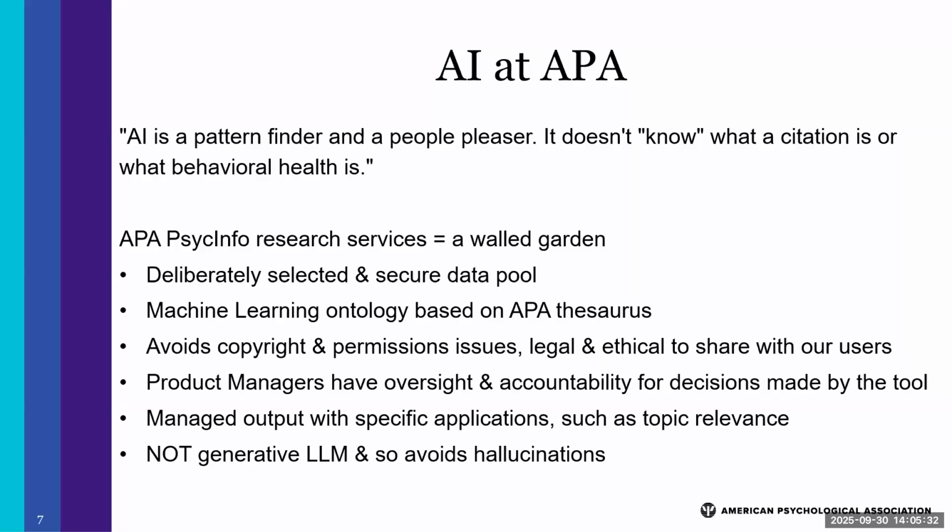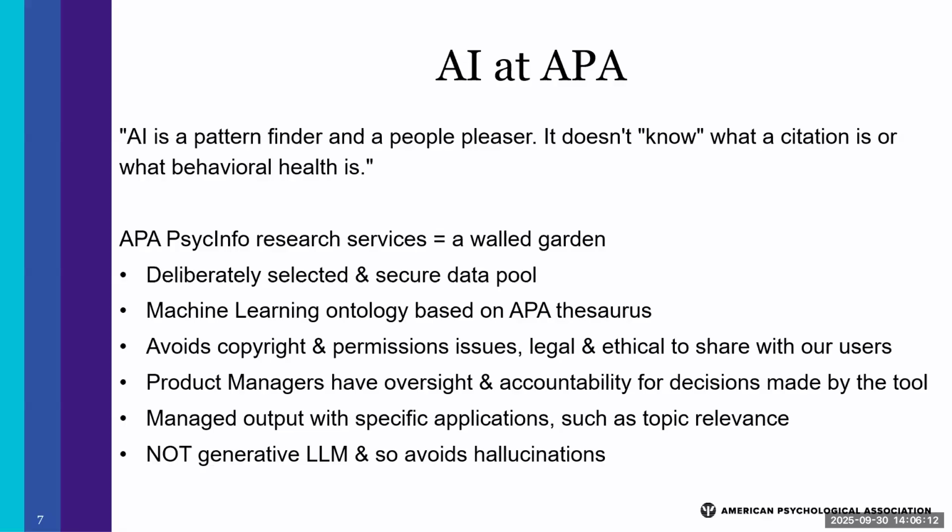One of the major things is that because of our long history and our millions of records in our PsycInfo Classic database, we already have a big data pool of scholarly research that's been peer reviewed and is secured behind paywalls according to the copyright and licensing standards of other publishers and our industry, right? So we're already at the point where we have a large data pool that is accurate and legal to share with our customers, via certain linking pathways.